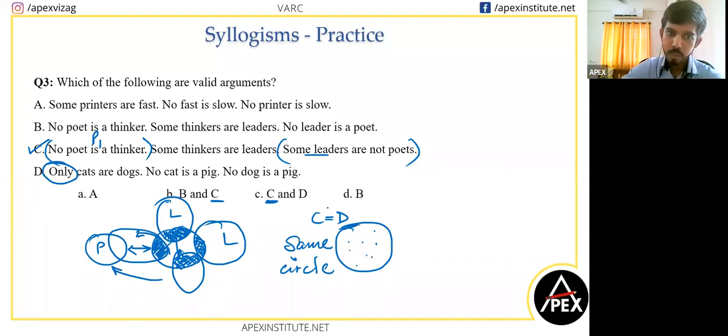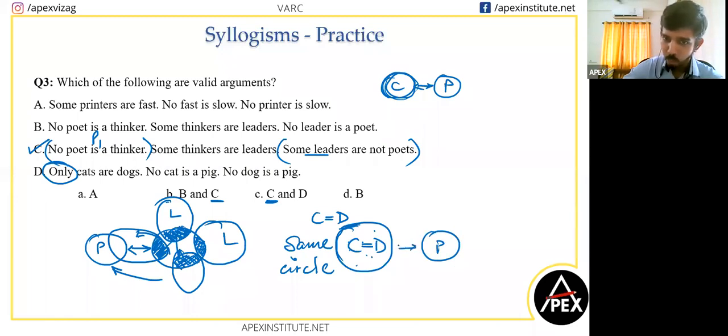So only cats are dogs is here. No cat is a pig. So can we say no cat is a pig? These are mutually exclusive. They will always have separation, cannot overlap. This is the diagram for cats, which is also the diagram for dogs, and there's a separate circle for pigs.